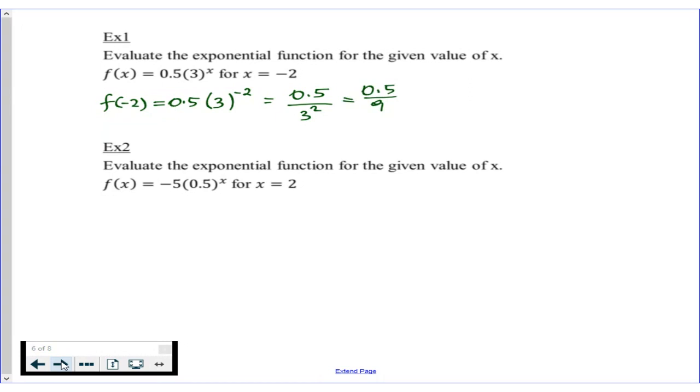You just put 3 squared, that would be 9. Now use your calculator. You don't have to apply the rules. You just use your calculator and type 0.5 times 3 to the power of -2.